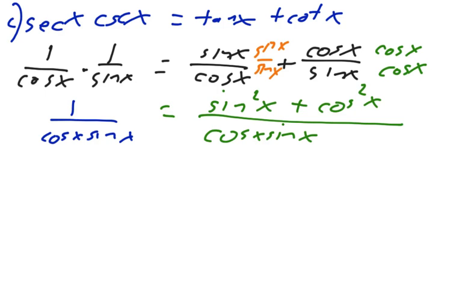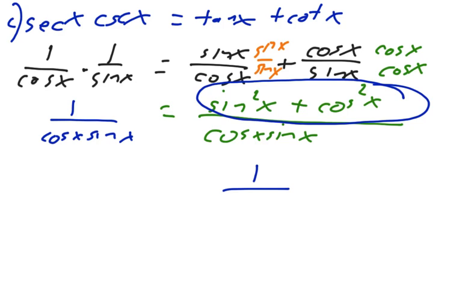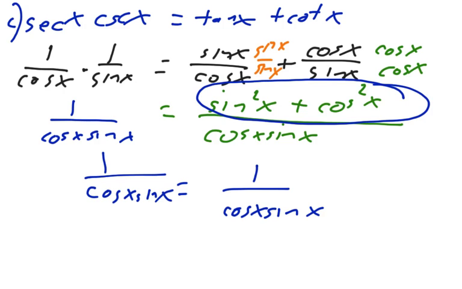This is our common denominator. And the sine squared plus the cosine squared is one of our Pythagorean identities, which turns out to be 1. Since the left side matches the right side, we are done with that problem.